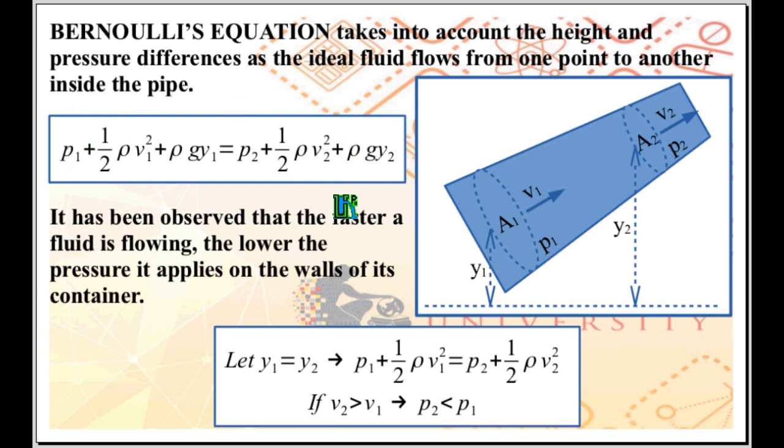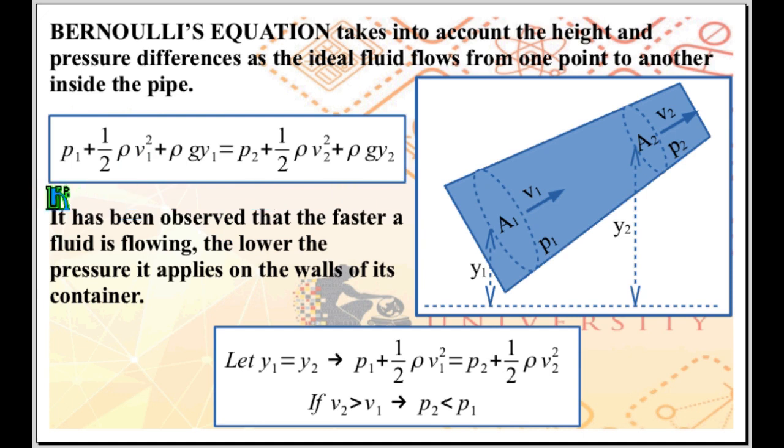You have Bernoulli's equation. Bernoulli's equation may appear familiar to you. That's because it's basically conservation of energy expressed in terms of the fluid flow. Diba? You have 1/2 mv squared, you have 1/2 rho v squared. You have mgh, you have mgy.